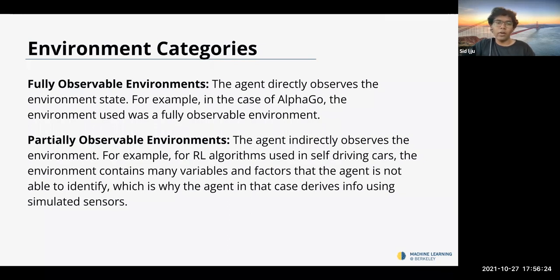In the case of AlphaGo, the environment was fully observable since all the information is available to both players. You can also have partially observable environments. Again, this is the example of the self-driving car. You can't get every single bit of info about the environment that you're in, so you need to use a sensor to get observations about it.